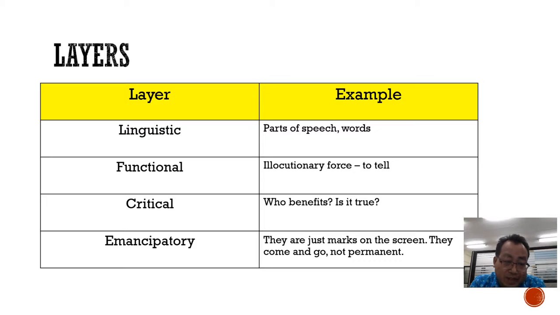Moving up to the third layer or the critical layer, we can ask questions like who will benefit from such a slogan? Of course, you say that it's a slogan, and who benefits, and the use of metaphor, and what metaphor has been used. Is it true? Who benefits? These are the questions forming your criticality when you look into that particular discourse.